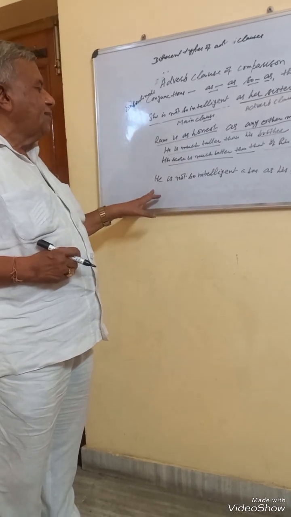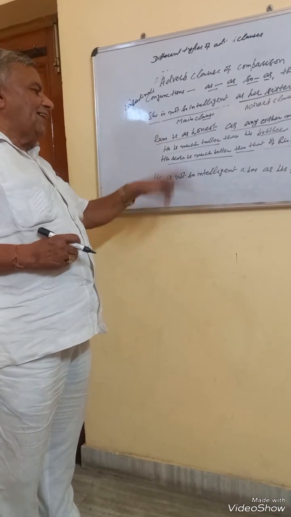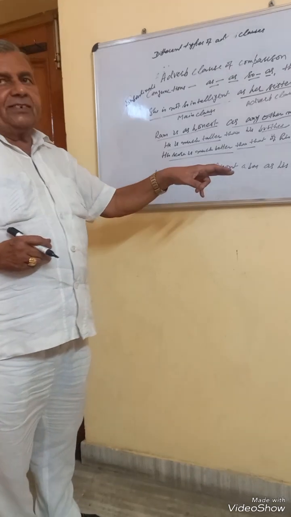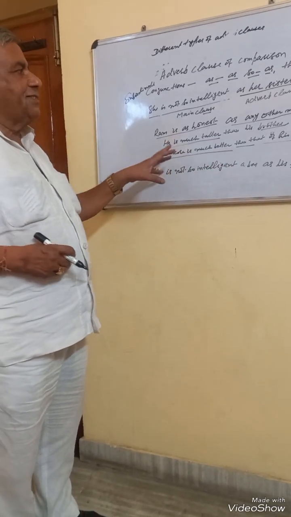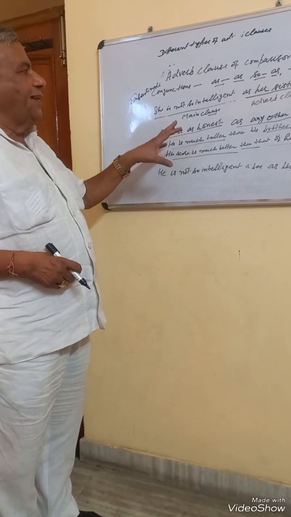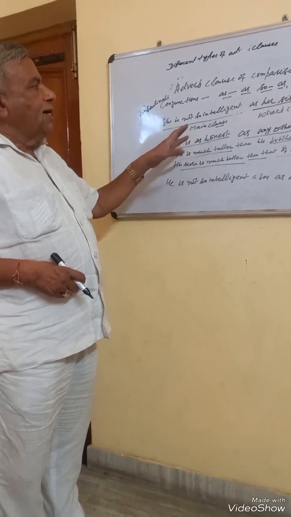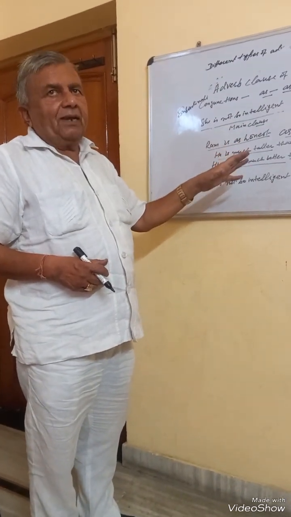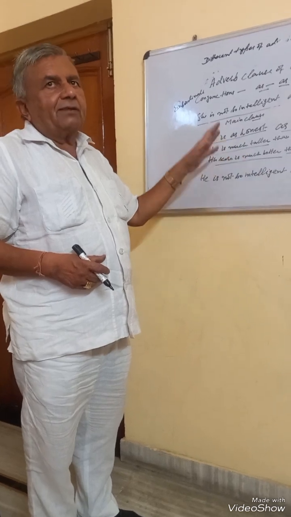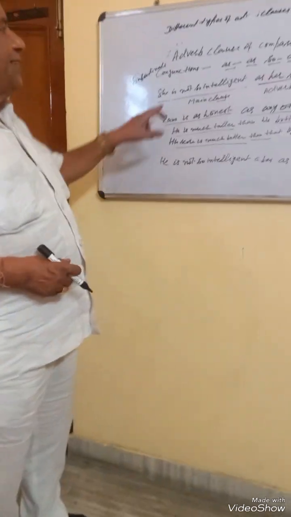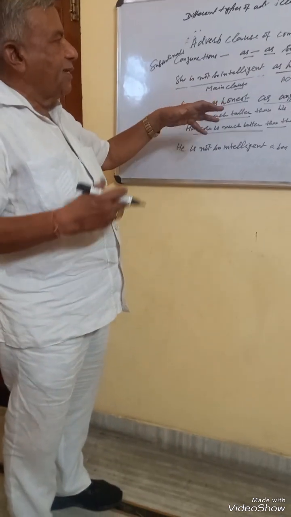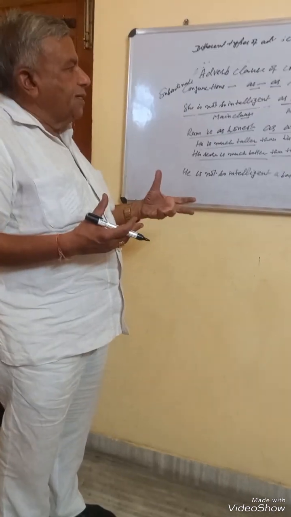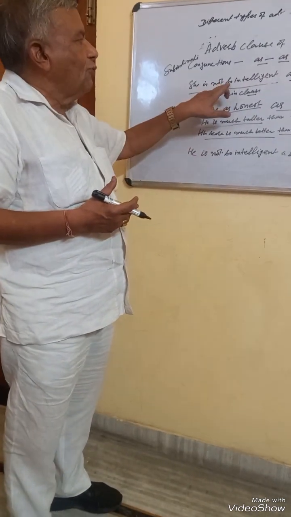We will not say "he is not so an intelligent boy as his friend is." So in this case, whenever there is a noun also after the adjective, then the article has to be placed before the noun, not before the adjective.